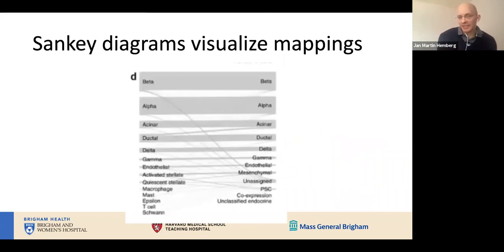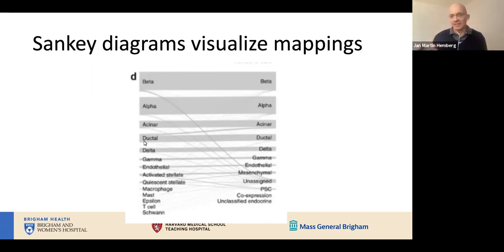So we talked about visualization before, and it's pretty tricky for these high dimensional data sets. It will obviously be even trickier if you have two different data sets, one of which is your atlas and the other is your query data set. One neat way of representing these types of mappings is using Sankey diagrams. Here I'm showing you one example. On the right we have the reference, and on the left we have the query data set.